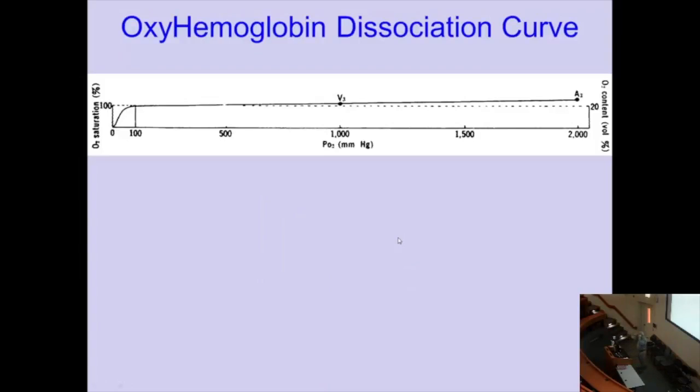Here we have another oxyhemoglobin dissociation curve, and this looks a little different from the last one. The reason is that the x-axis, instead of stopping a little bit above 100, goes all the way up to 2,000. You're not going to get a PO2 of 2,000 anywhere just breathing atmospheric air, but if you have a hyperbaric chamber, then you can expose someone to hyperbaric oxygen.